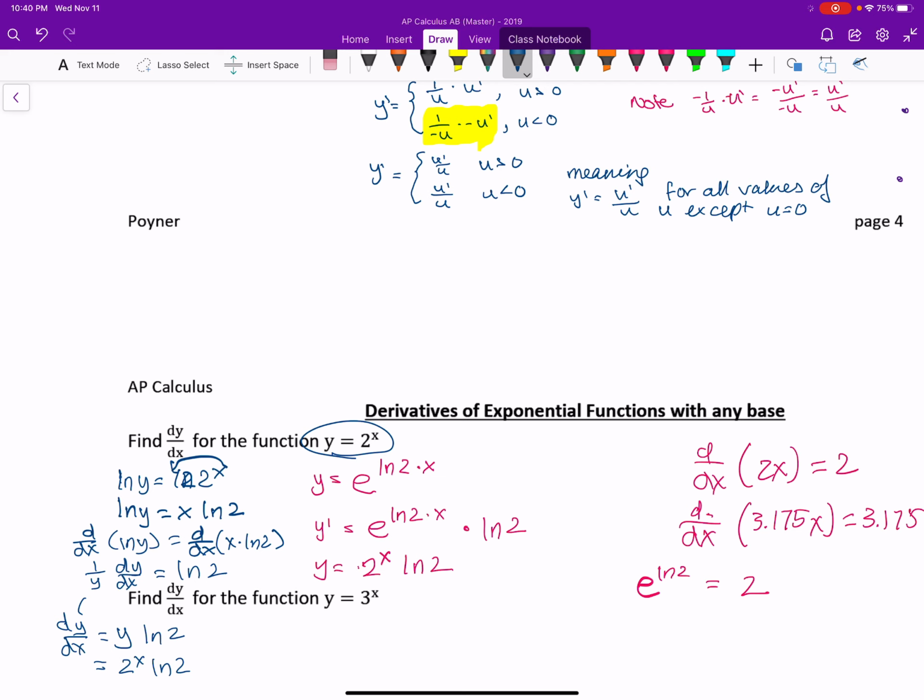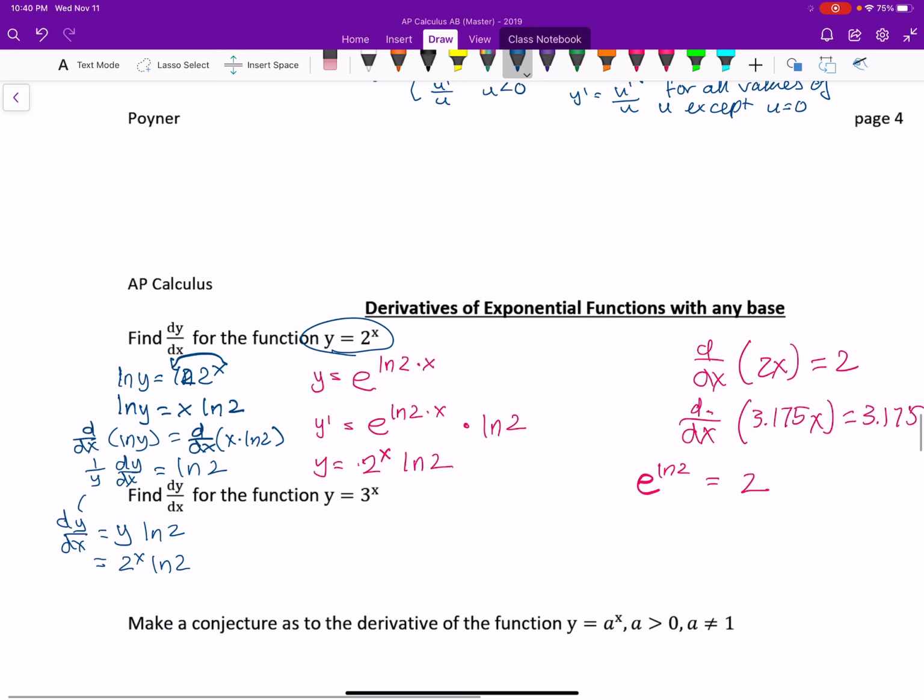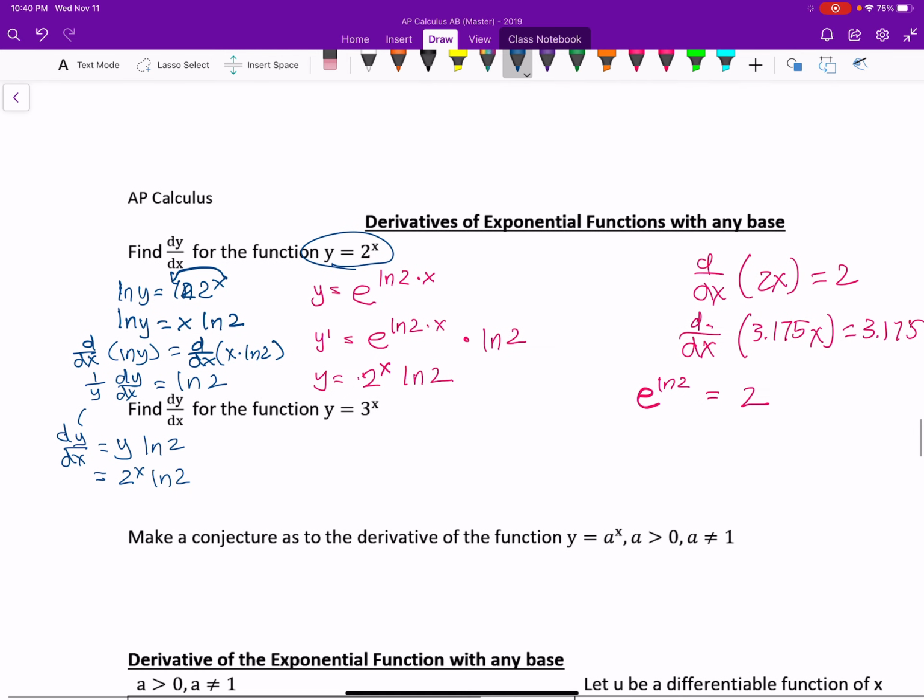So I want you to pick one of the 2 ways to find the derivative of y equals 3 to the x, and then try to generalize for any value here. So whichever method you prefer. Hit pause, and you should write out the work for those.